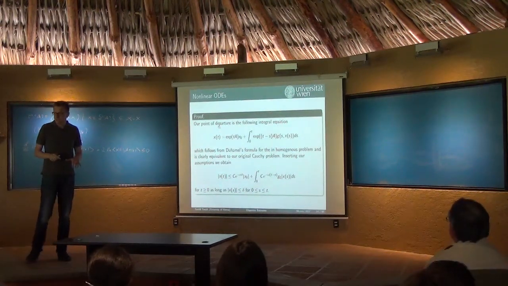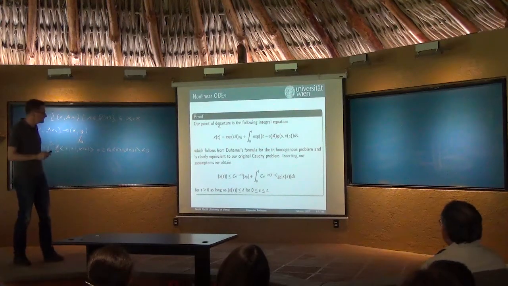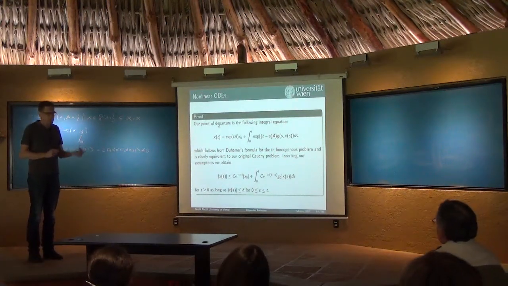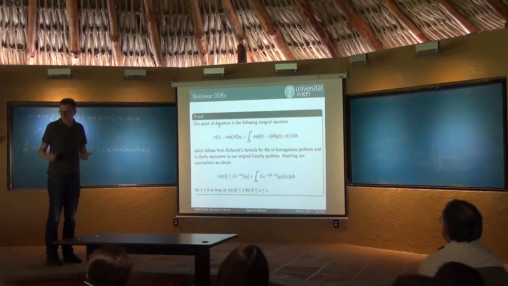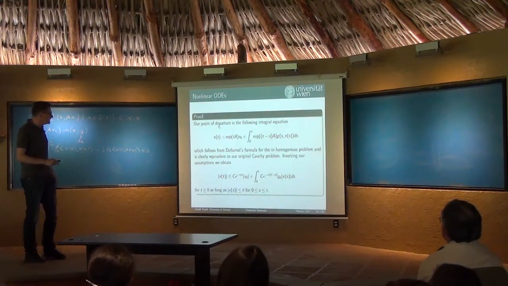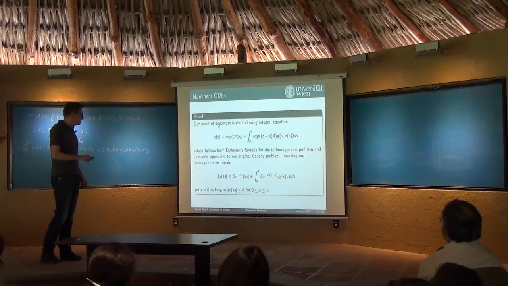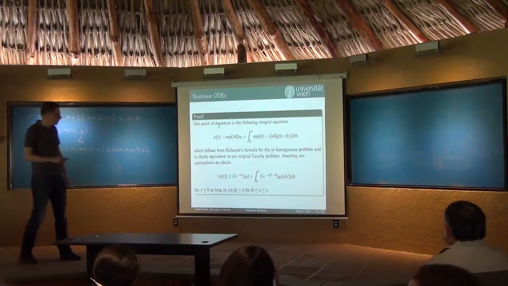Here we don't need to apply Banach fixed point because we already know from standard ODE theory that there is a solution, and we're only interested in the estimate. How do we get the estimate? Well, it's a standard Gronwall type thing. So we look at this integral equation and try to estimate everything. We take absolute values, we take the triangle inequality, and then we estimate this here by the corresponding operator norm.